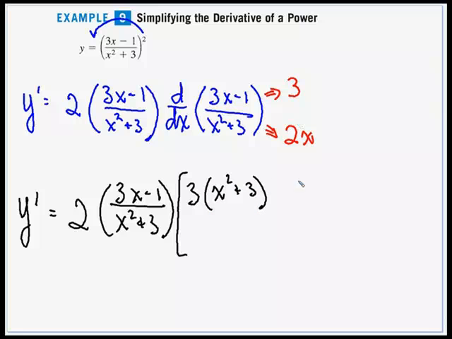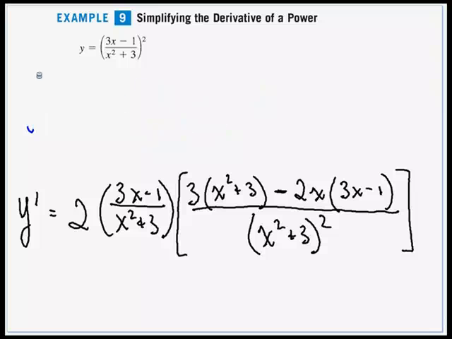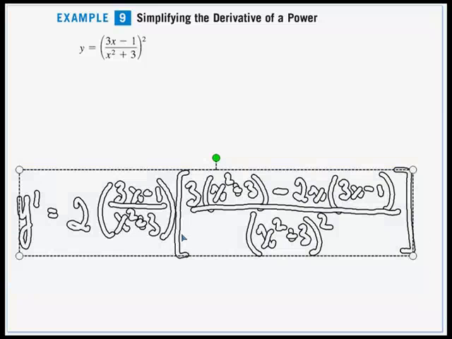So low d high minus high d low, 2x times our numerator, all over low low, this denominator quantity squared. Alright, we're getting somewhere. And actually there's not too much to do after this. Just a little algebra.